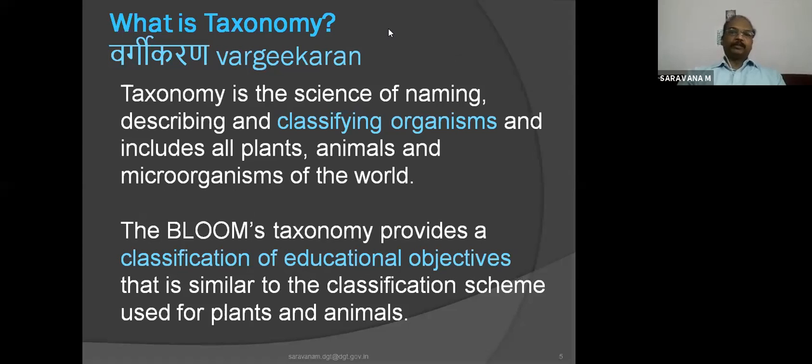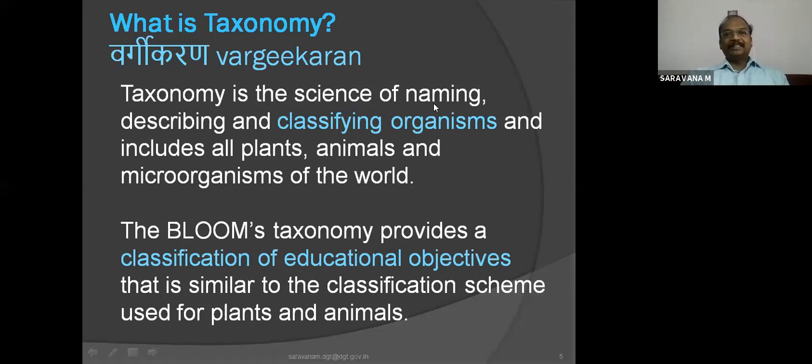And first, before educational taxonomy, let us see what taxonomy means in general. So before going to the taxonomy of educational objectives, let us see what taxonomy is in general. Vargikaran is taxonomy.